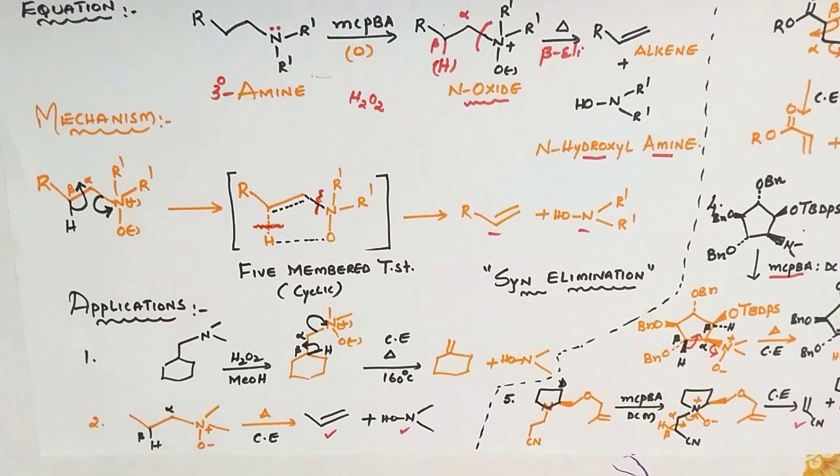As far as the stereochemistry is concerned, the atoms or groups may be present either above the plane or below the plane. If you want to do the Cope elimination, both the atoms or groups must be either above the plane or below the plane, then only we will get the product.